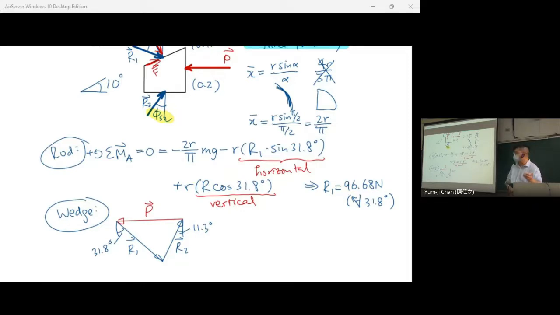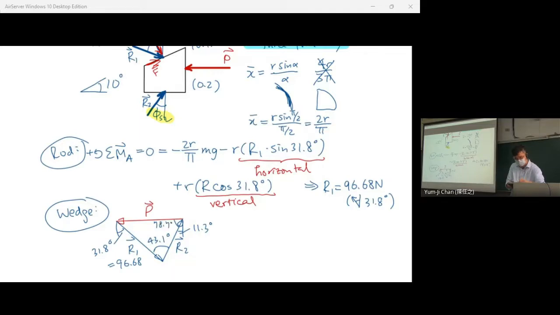And because R1 is known, 96.68, and this was this angle, and this one is 43.1 degrees, and this one is 78.7 degrees.